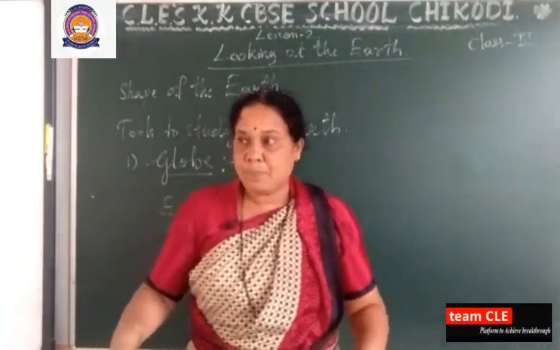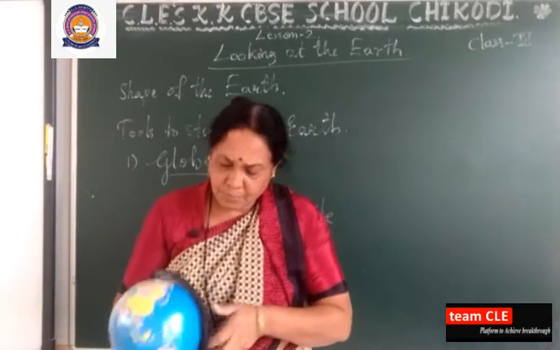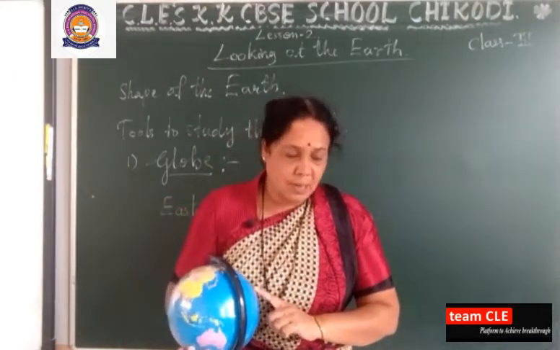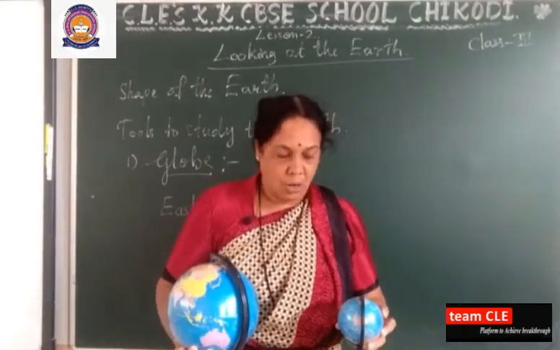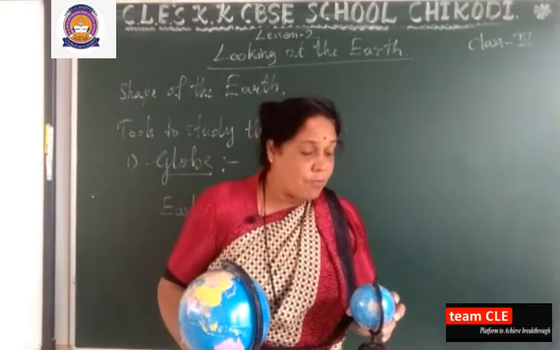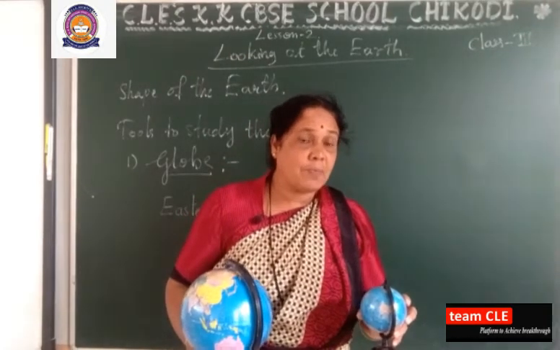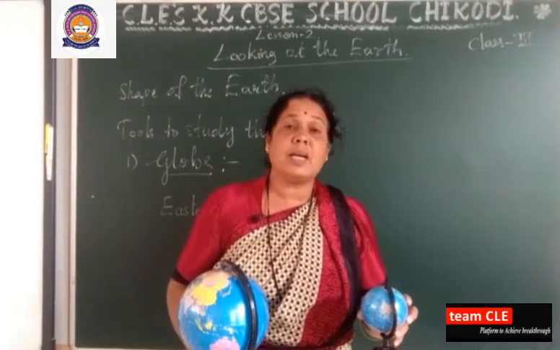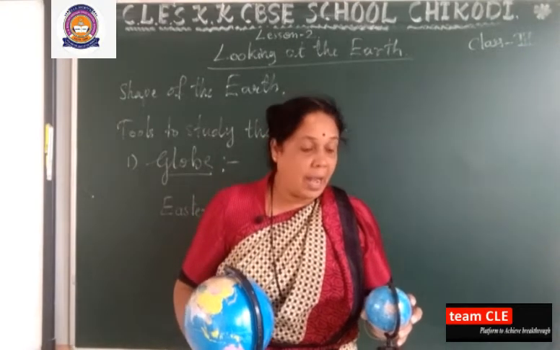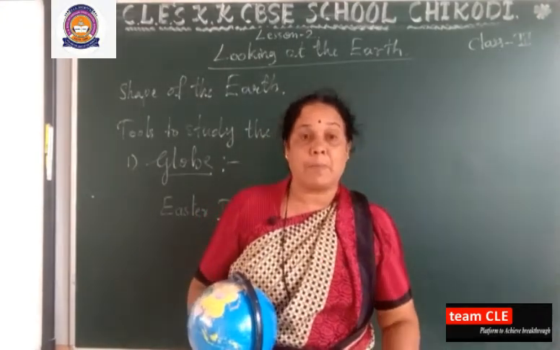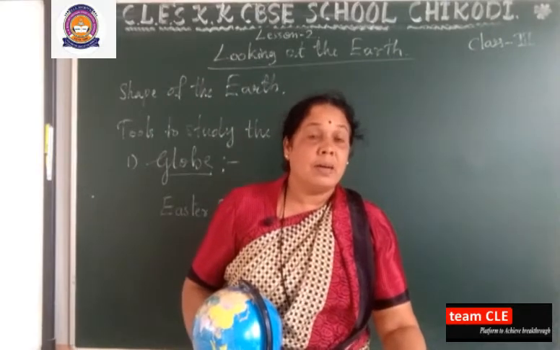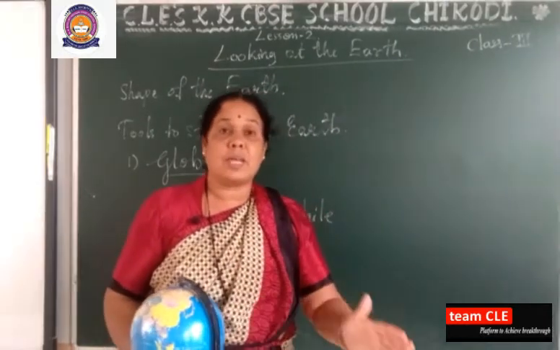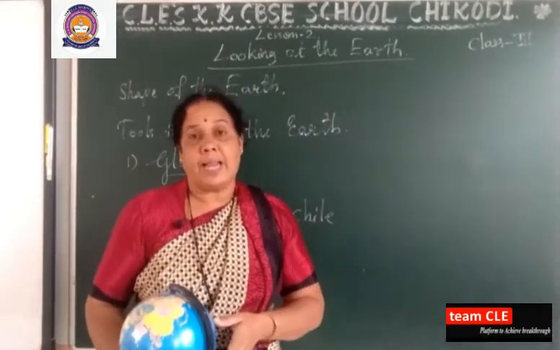Just think, dear student, a part of earth faces the sun. Only that half part of the earth receives the direct sunlight, and in this part it is daytime. And the opposite side of the earth does not receive the sunlight, so it has night time.